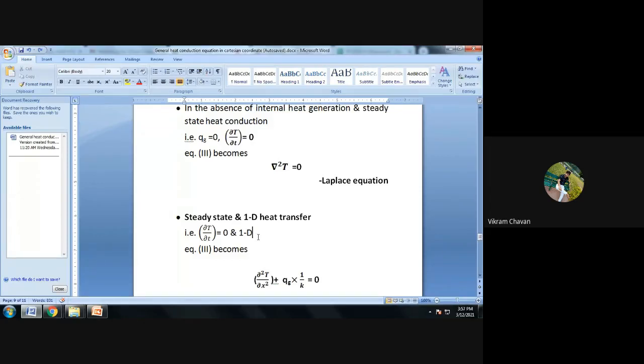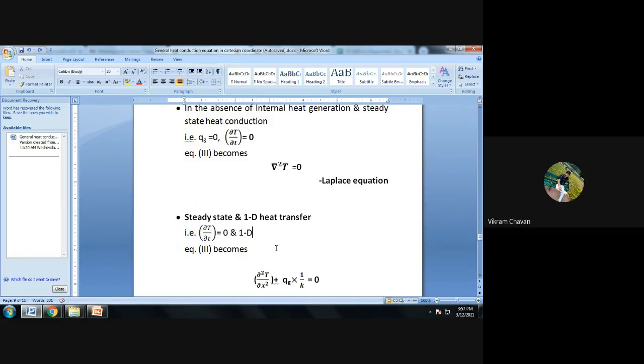Consider any dimension. If you want to consider 1D with heat flowing in the x direction, then only the x coordinate we have to consider. If heat is flowing in the y direction, then only the y-axis we have to consider. And if heat is flowing in the z direction, then only the z coordinate we have to consider.